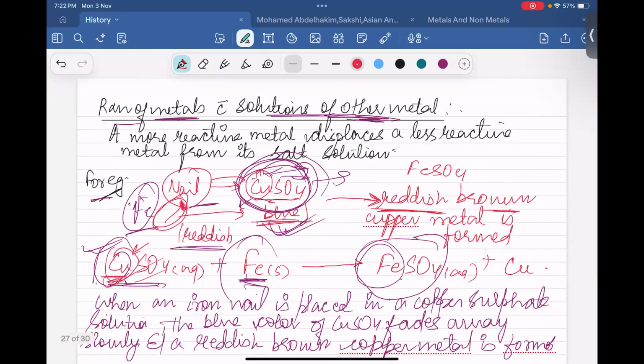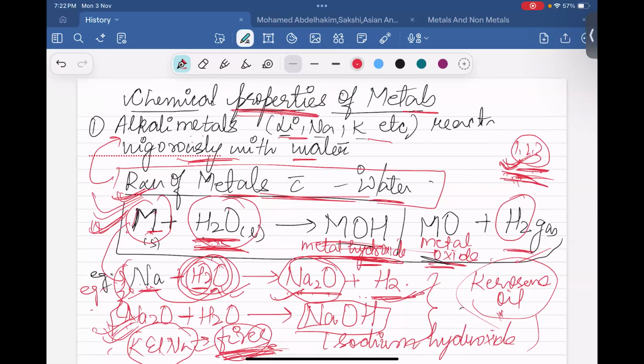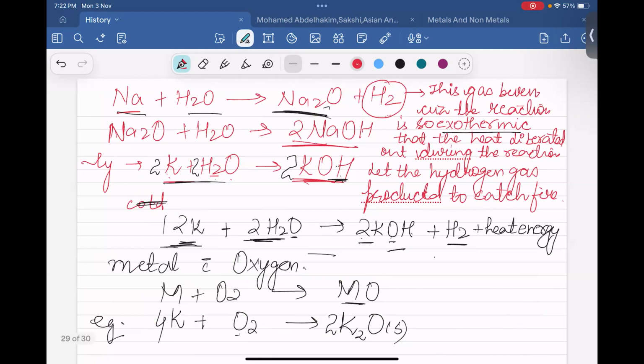So we have taken sodium and potassium. We were doing chemical properties of metals. Quickly, I'm revising. First of all, we took sodium metal and potassium metal. When metal reacts with water, they form metal hydroxide or metal oxide. When sodium reacts, they form sodium oxide and H2 gas, because this reaction is so exothermic that it again reacts with water and there is formation of sodium hydroxide.